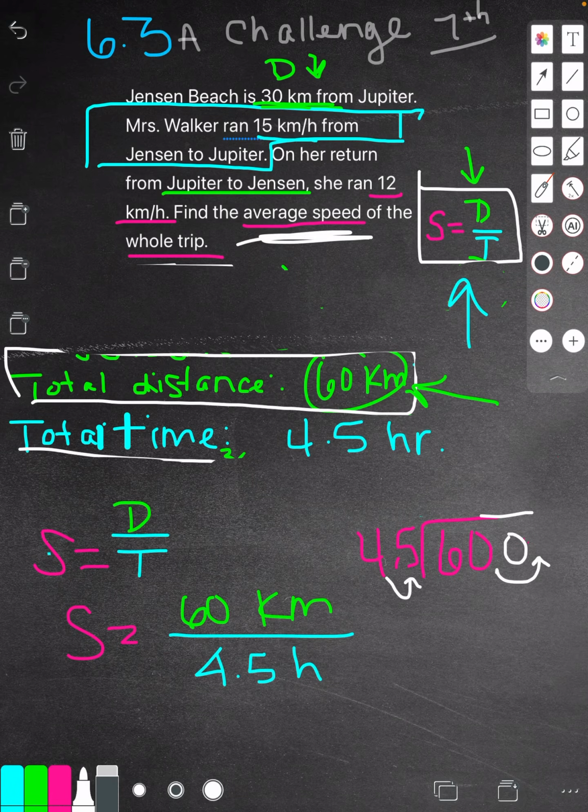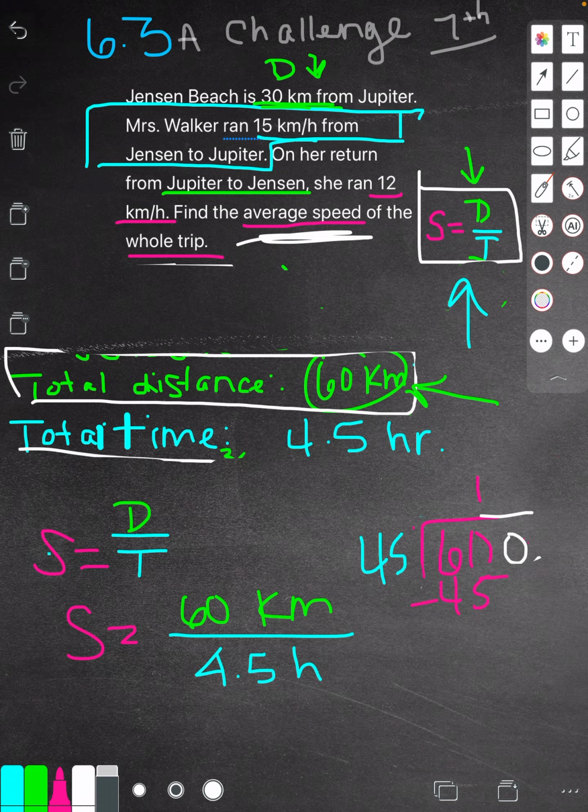So our new problem is actually 4.5, because we had to move our decimal. 4.5 into 600. Oh, excuse me. That's incorrect. 45, because we moved our decimal. Sorry about that. Into 600. All right. How many times does 45 go into 60? I know that it goes in one time.